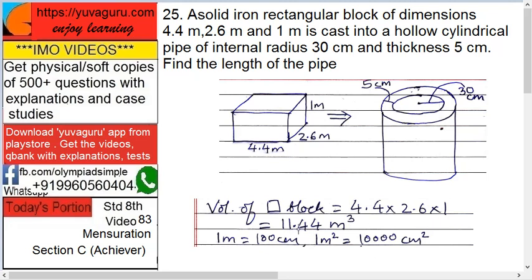So 1 meter equals 100 centimeters. No, I think it's easier to convert centimeter to meter. That becomes easier to solve. Okay, so we'll keep it as it is. Volume of the rectangular block 11.44 cubic meters.